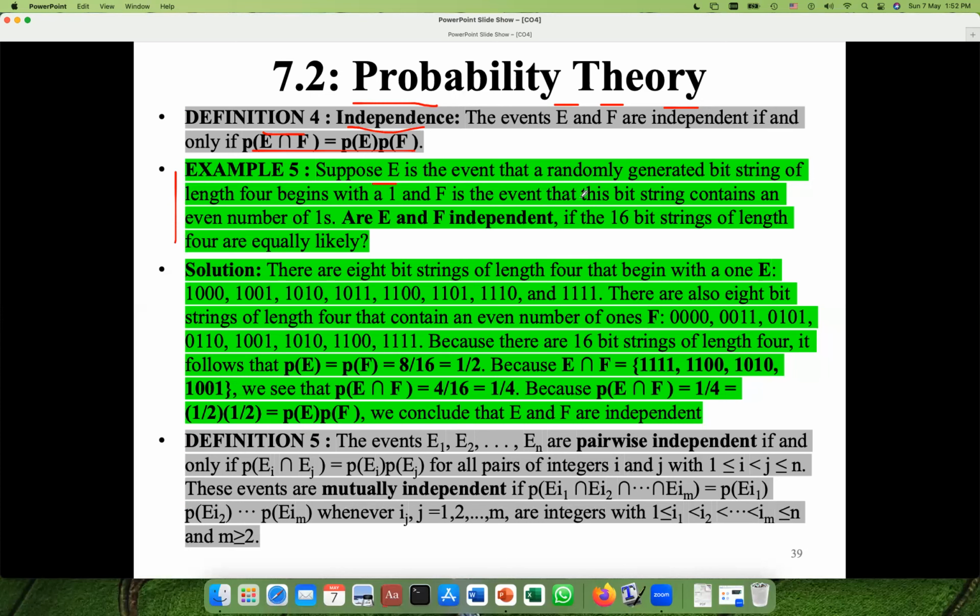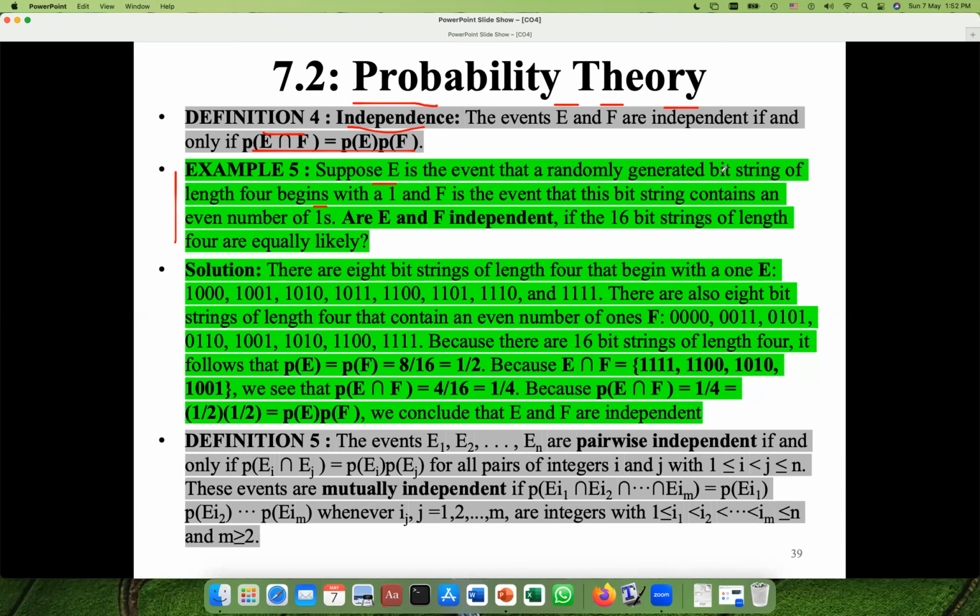And F is the event that this bit string contains an even number of ones. A string of length 4 bits, and the number of ones will be even. Not consecutive, just even. Okay? So that is our F.